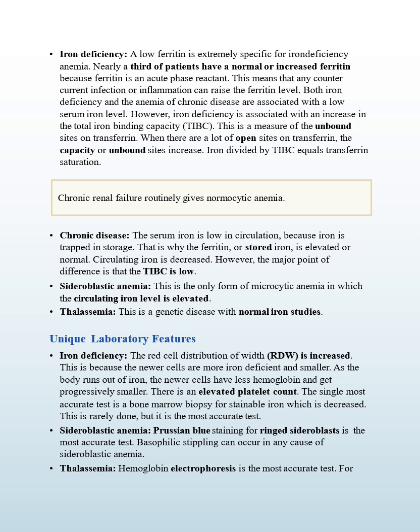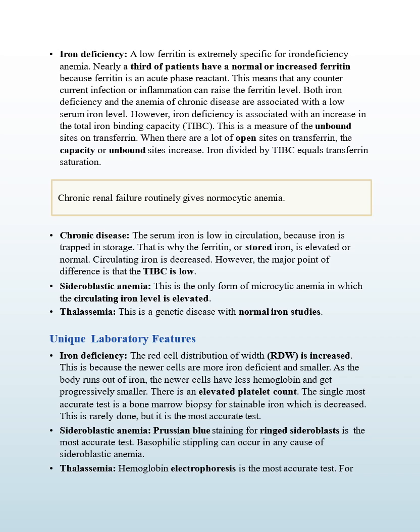If we have a chronic disease, then the serum iron is low in the circulation because the iron is trapped in the storage. This is the so-called stored iron, which is elevated or normal. Circulating iron is decreased. However, the major point of difference is that TIBC is low.